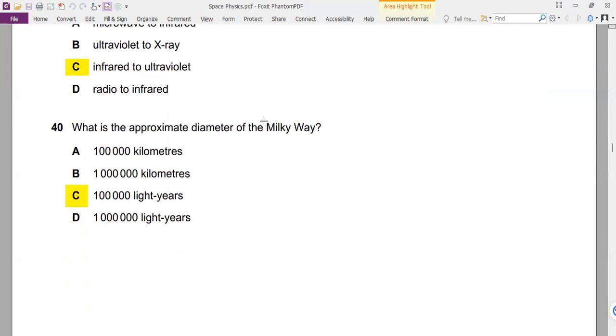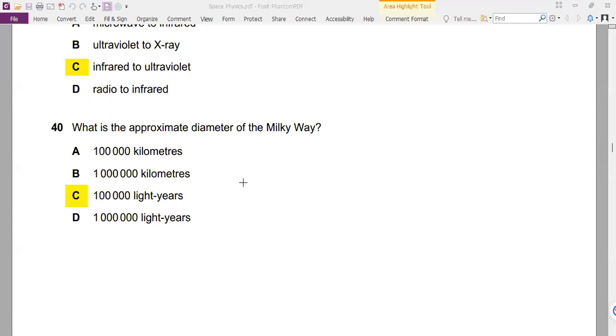Diameter of the Milky Way galaxy is this, just keep this in mind for your knowledge. You might come across this question.